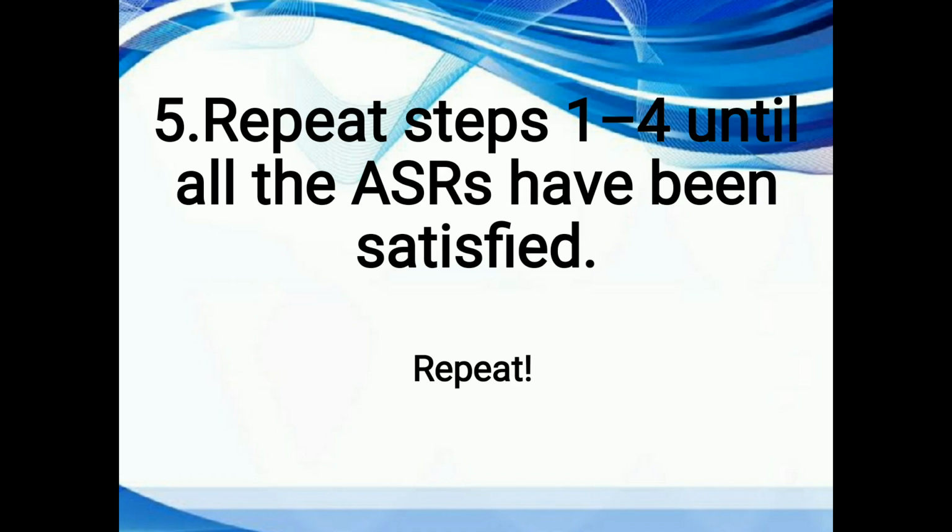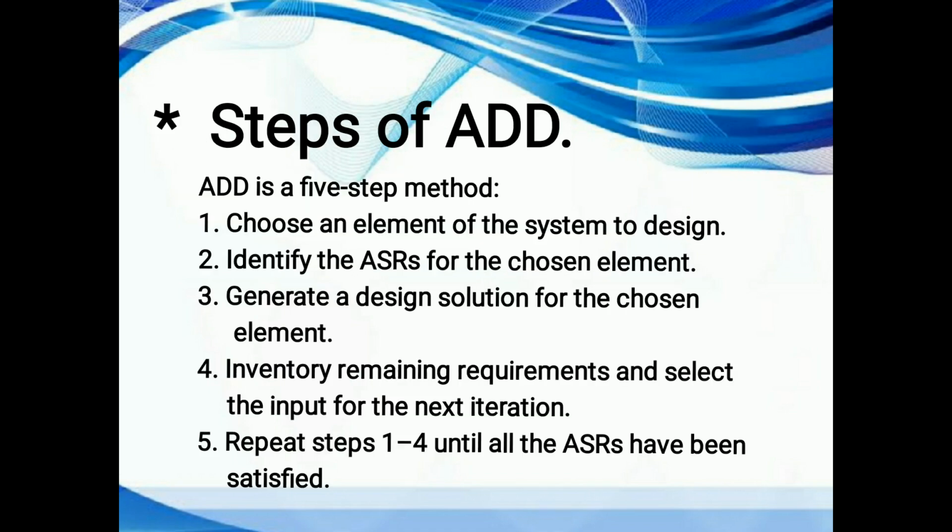In this method, the steps of ADD, the attribute driven design, are as follows. In the first step, we have to choose one particular element from among all the elements.